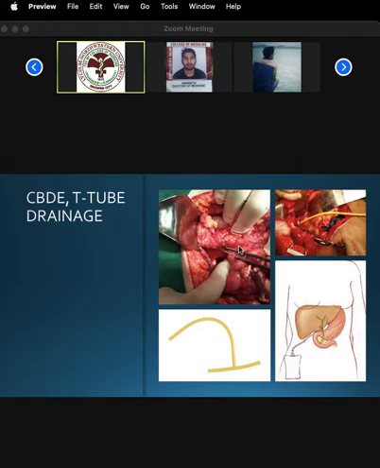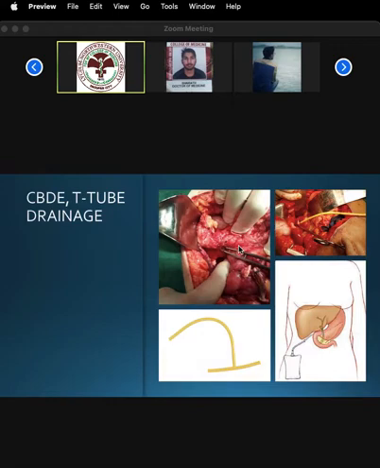Okay? So during exploration, we open up the common bile duct, insert a stone forceps proximally first, and assess the right and the left common bile ducts or common hepatic ducts, whether there are stones or not. Then after performing exploration of the upper area, we perform exploration of the lower areas of the distal common bile duct.